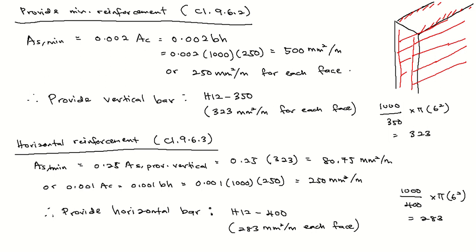Since the vertical bar is the same, we will use H12 at 350 also. The horizontal bar will also be similar because it depends on 0.25 of the vertical bar, or 0.001, but you will get the same thing. So it means that we can extend this reinforcement from bottom to the top of the shear wall.